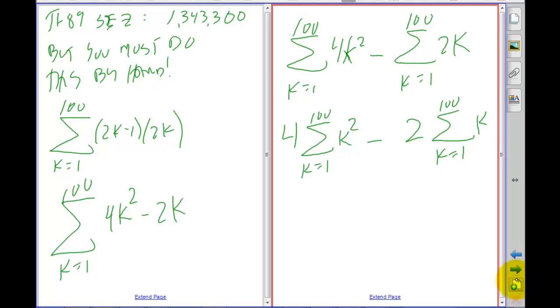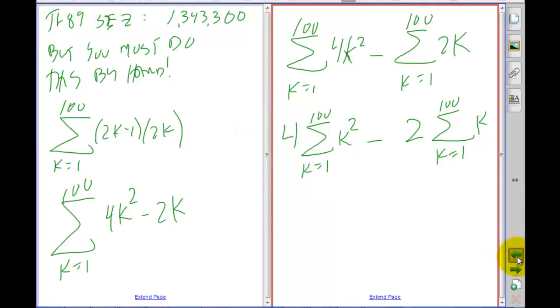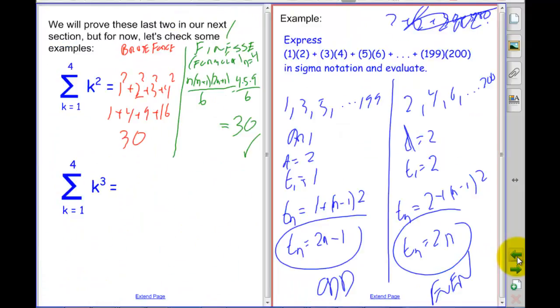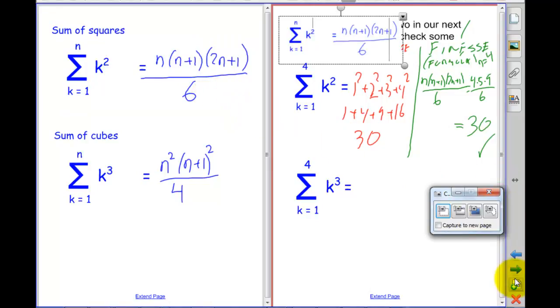Now, because you don't have these memorized yet, I'm going to go back and make a copy. We need the k squared formula, right? Remember that one? There's our k squared formula. Let's cut it and go.